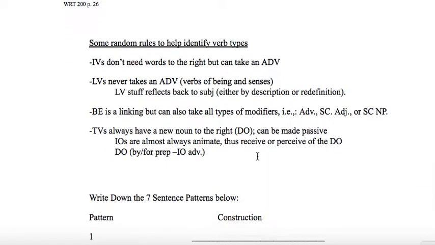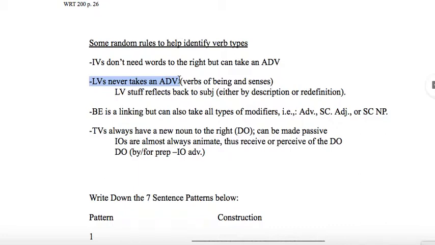So here's just a summary of some questions you can ask yourself as you're going through trying to figure out what type of verb is in a sentence. Intransitive verbs don't need any words to the right, but they can take an adverb. So one thing you could do is take that prepositional adverbial phrase out, and if the subject and verb can stand on its own, you know it's intransitive. Linking verbs never will take an adverb to the right of them.